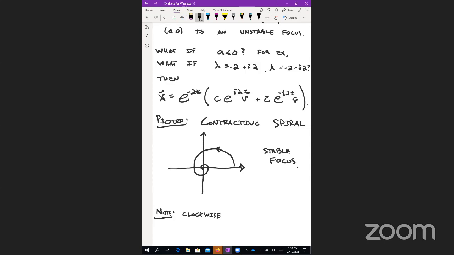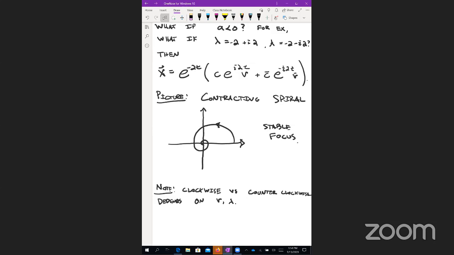Just as a quick note, whether it's clockwise or counterclockwise is going to depend on other stuff. For us, that's just going to be something that we can check.